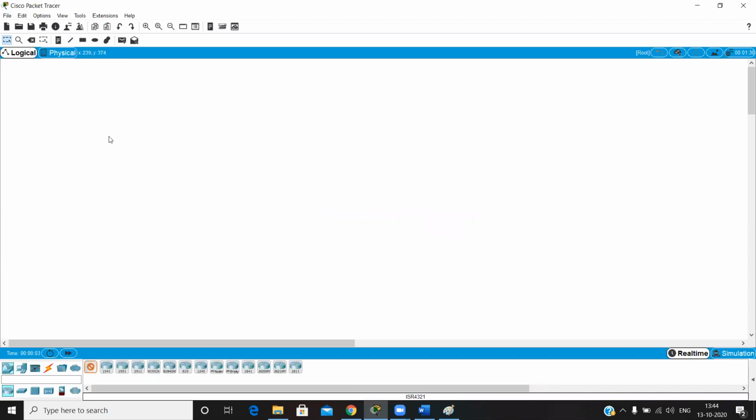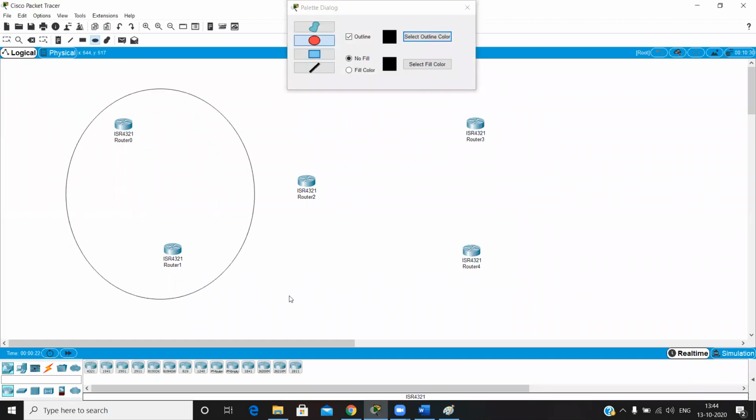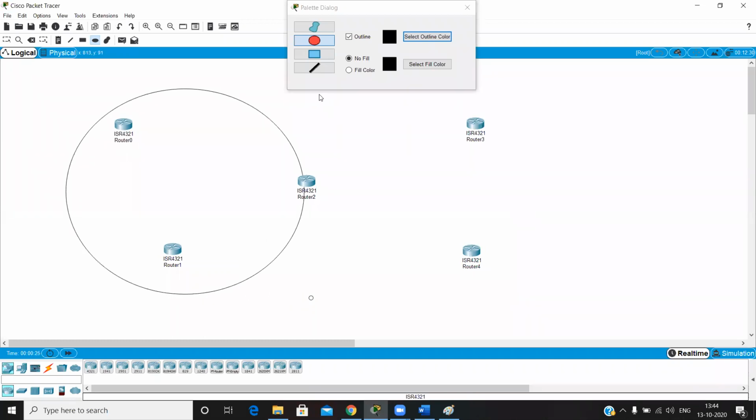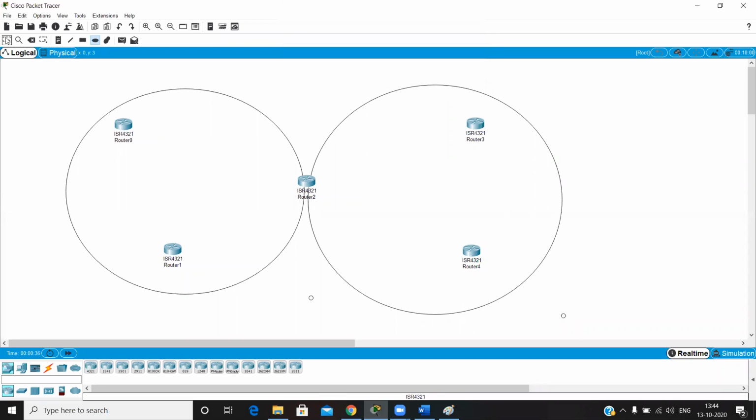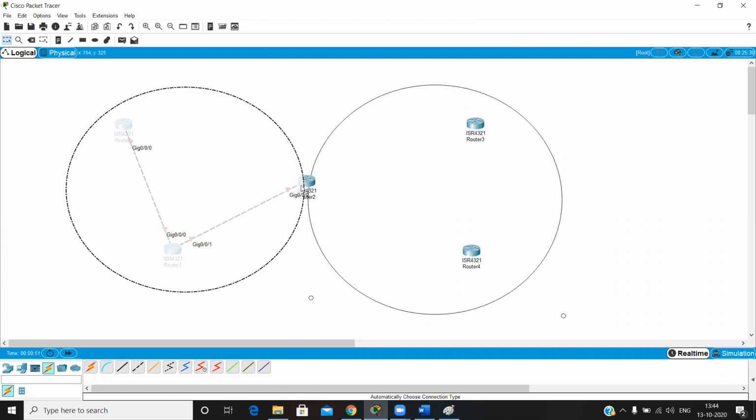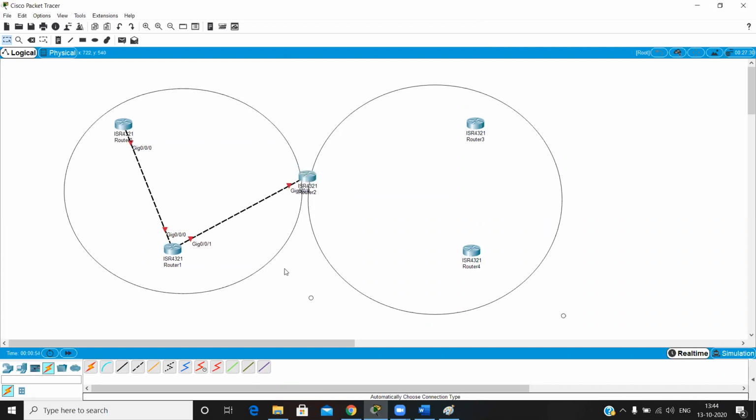If we have 5 routers, here we have 5 routers connected in different areas. So this router is our ABR router.